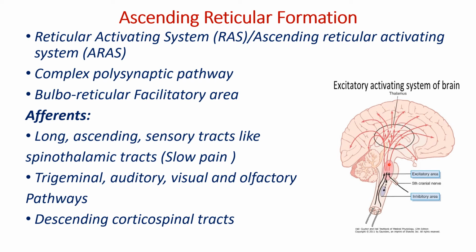It is considered one of the most important systems which facilitate the functioning of sensation and your attention. As I told you, it's also called the bulboreticular facilitatory area. It receives collaterals from long ascending sensory tracts.